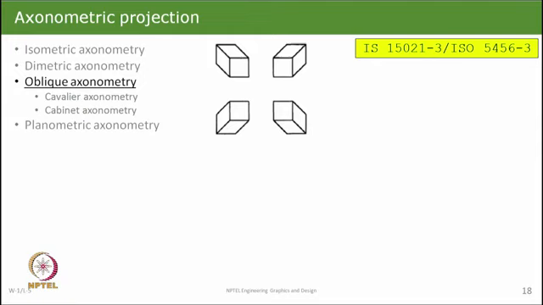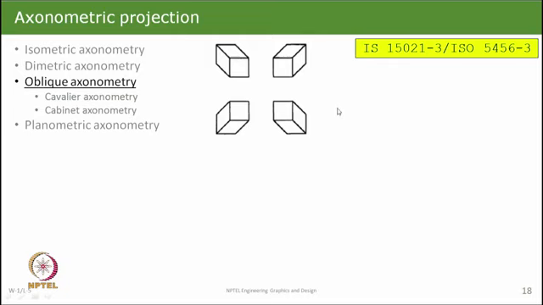Then there is oblique axonometry, where we have one axis which is horizontal, one which is vertical, and one which goes at 45 degrees to them. And one has a choice that this could be 1:1 scale, this is also 1:1 scale, this is also 1:1 scale, or this and this and this are equal to one another, same scale, but this scale could be different.